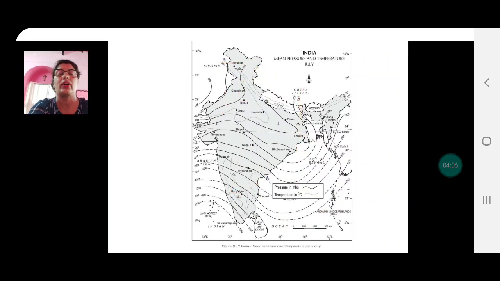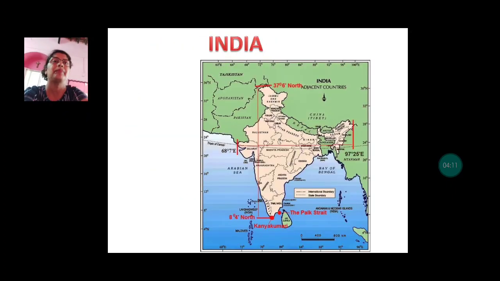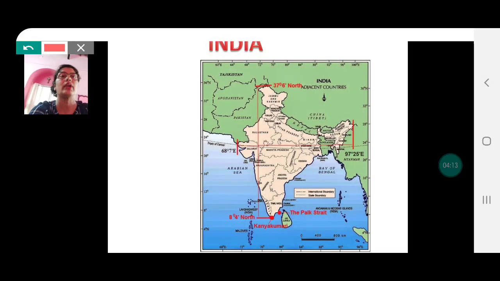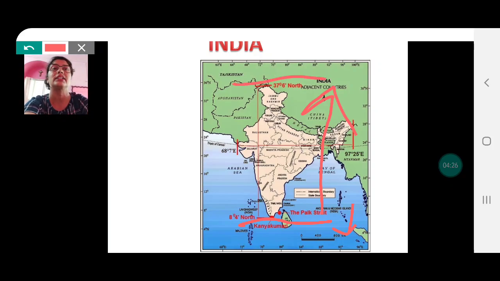What we know is that the southern part of India is closer to the equator, 8 degrees north, and as you go away from the equator up to 37 degrees, the northern part is away from the equator. As you go away from the equator, the temperature becomes lower and lower.